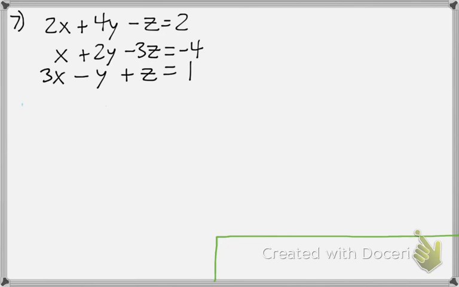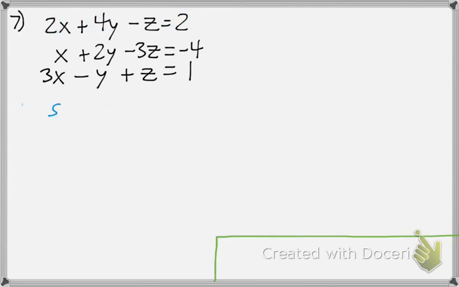There are different ways of doing this. You could multiply equation 1 by 1/2, which would be fine here, here, and here. But here it would introduce a fraction, and I don't want to deal with fractions.